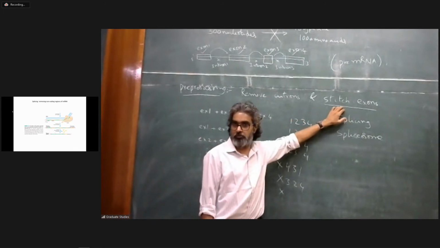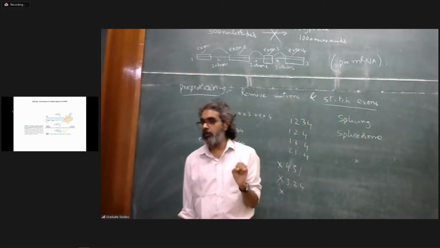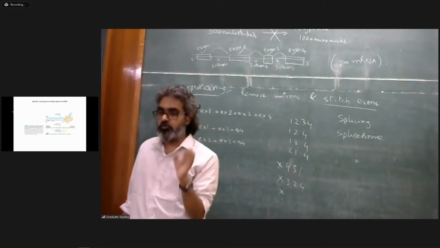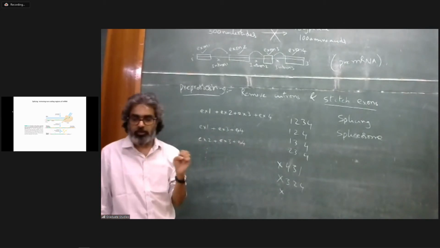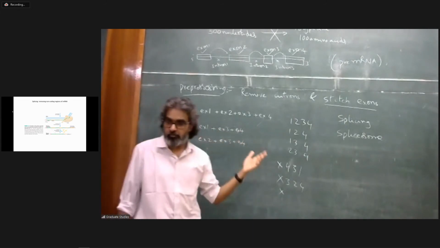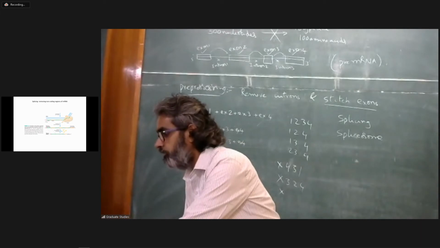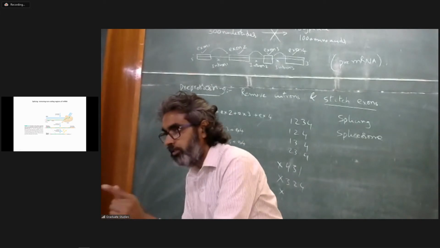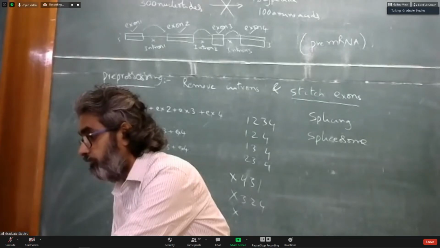By the time the sequence comes to the ribosome, every nucleotide in triplet codes for amino acid. So introns are not there by the time it comes to the ribosome. That question doesn't arise because whatever is submitted to the ribosome is synthesized perfect.